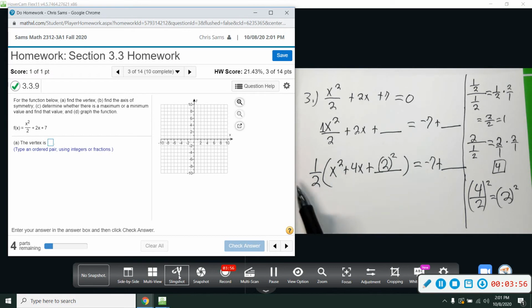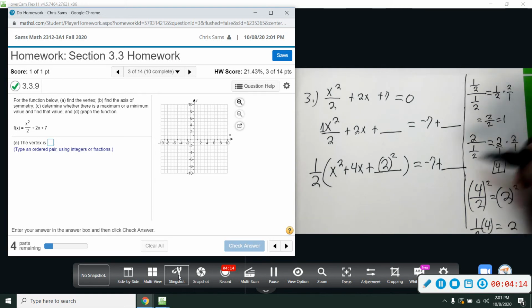But once we go through the distributing process, this 4 is going to get multiplied by half, or divided by 2. So what I need to add on this side is really 1/2 of 2 squared, or 4, if you will. And this will just give you 2. So we need to add 2 on this side, because overall, that's what I added here.